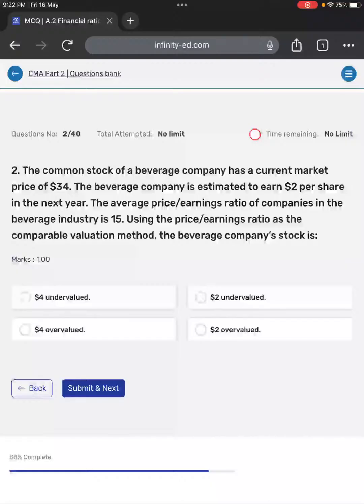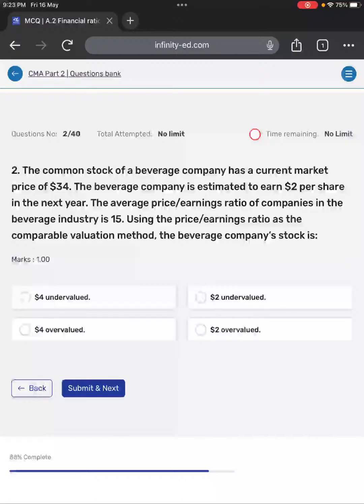EPS is already given. Suppose market price is X divided by 2 equals 15, so 15 multiplied by 2 equals the market price of this beverage company share.